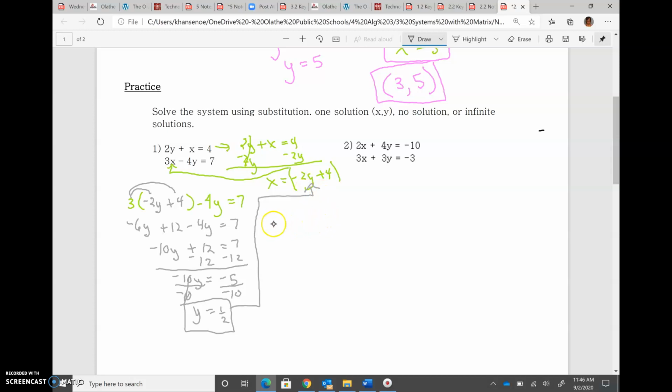All right, so now I have x equals negative 2 parentheses 1/2 plus 4. X equals negative 1 plus 4. X equals 3. So my answer is 3, 1/2. That's the answer. Okay? So let's do the next one.